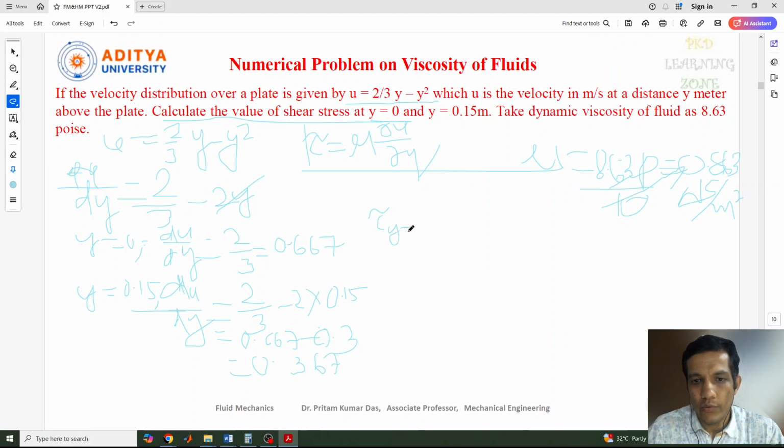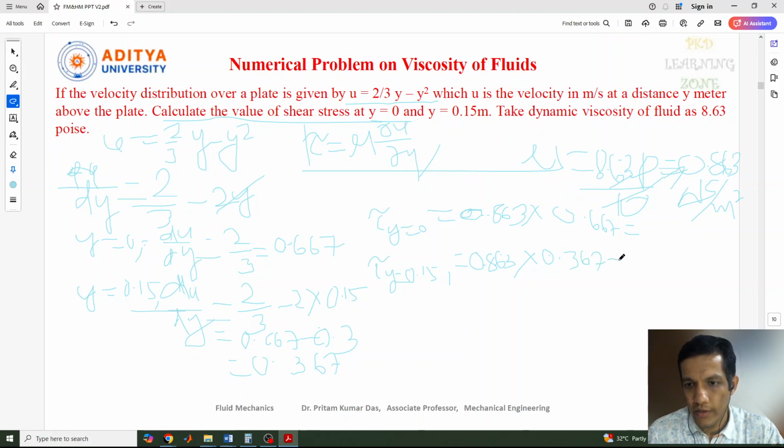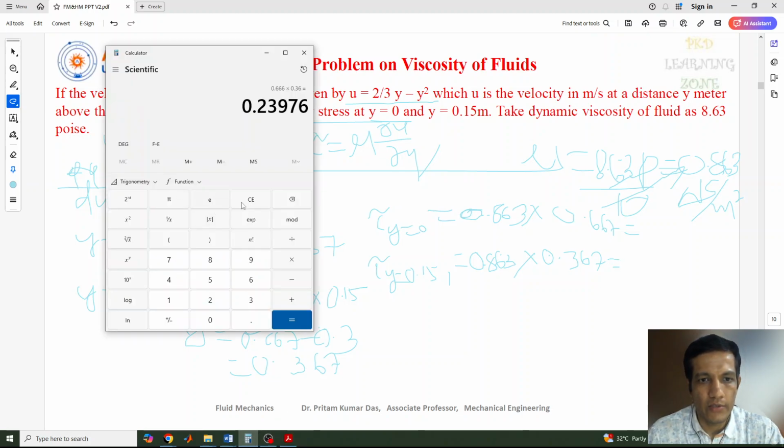Tau at y equal to 0 equals 0.863 into 0.667, and similarly tau at y equal to 0.15 equals 0.863 into 0.367.